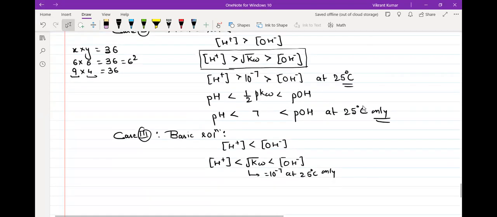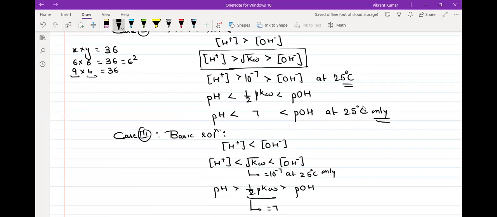Similarly, in terms of pH, now pH will become greater than half pKw and pOH will be less than half pKw. This has value equal to 7, but at 25 degree C only.